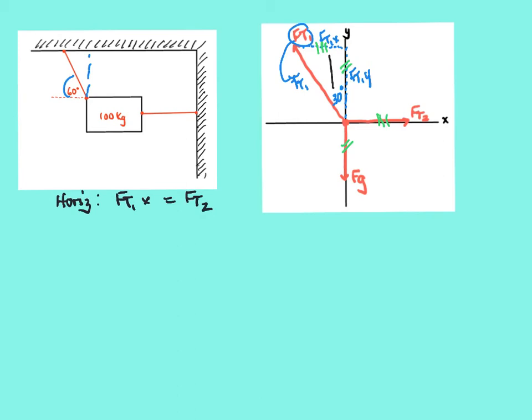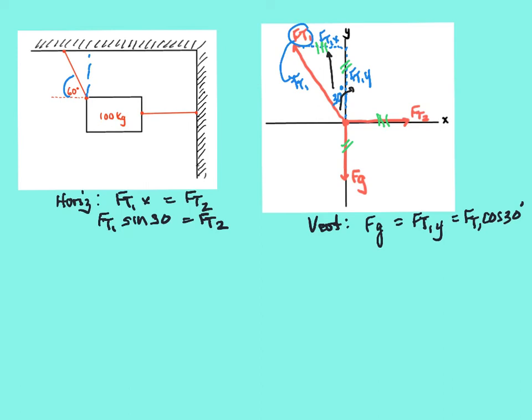Since this is the opposite, this is going to be Ft1 sine of 30, and that will equal the force of tension 2. Then in the vertical direction, I know that the force of gravity is equal in magnitude to the force of tension 1 in the y direction, which is equal to the force of tension 1 times the cosine of 30, because now we're at the adjacent.